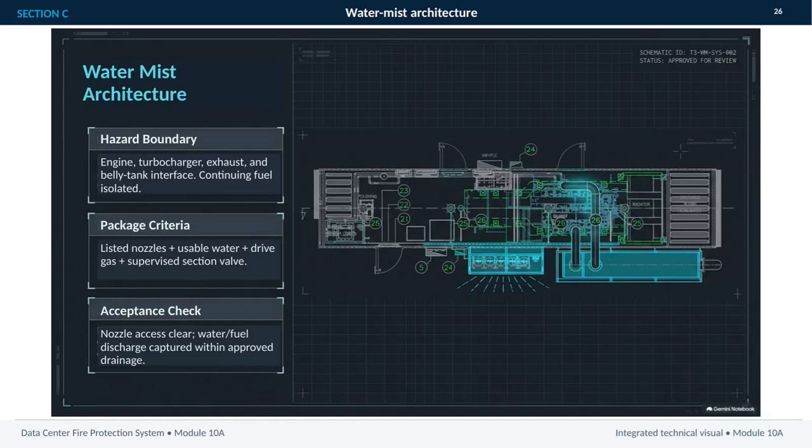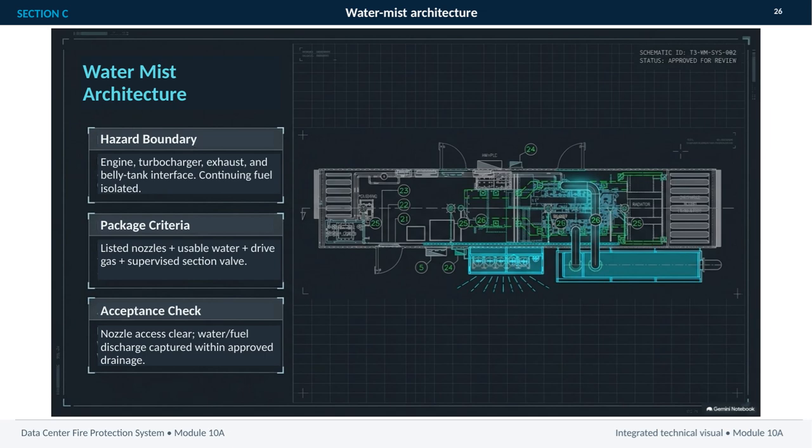This slide outlines the water mist architecture for the protected hazard boundary. The boundary includes the engine, turbocharger, exhaust, and belly tank interface, while continuing fuel is isolated. That separation is important because it defines what the system is intended to protect and helps limit the hazard during an event.